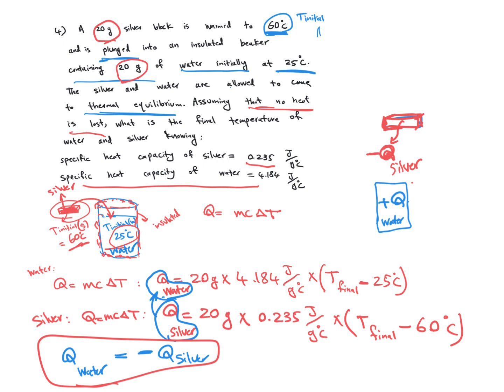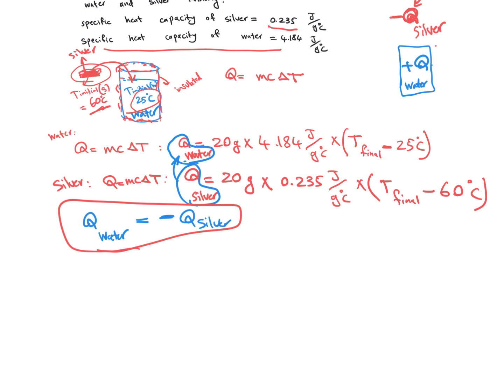Remember, it's kind of the same concept as endothermic and exothermic reactions, except here, no reaction is occurring. It's just heat transfer. So silver releases energy, it goes out of it, and then water receives this heat. So heat goes out of silver and goes to water. I hope that you understand why this is what is happening. So these two numbers, Q of water and Q of silver, are numerically equal.